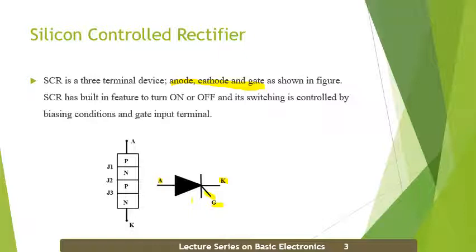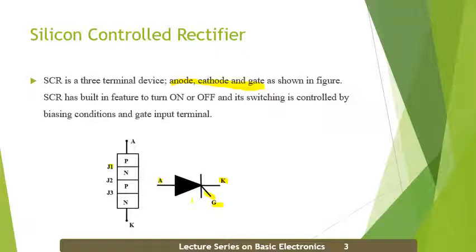We have one terminal that is the anode, the other terminal that is the cathode, and the third terminal is the gate. If we see the construction diagram or the junction diagram of this, it looks like we have p-n junctions connected back to back. So we have a p-type material, an n-type material, then a p-type material and one more n-type material. When we look at this, there are three p-n junctions.